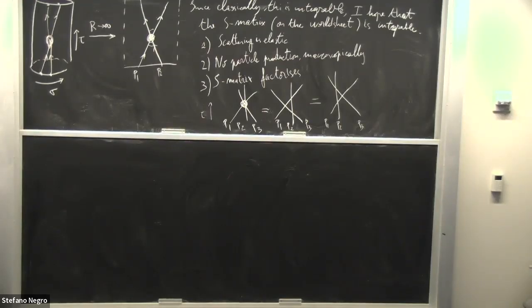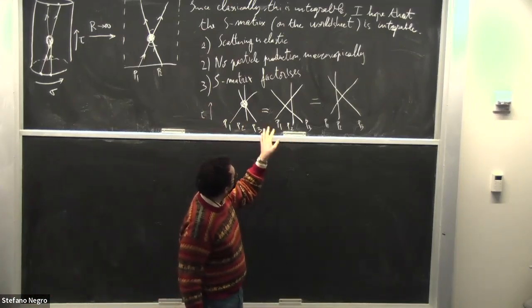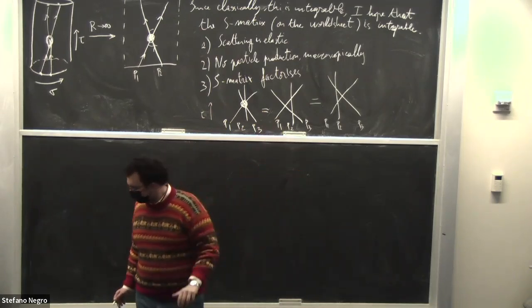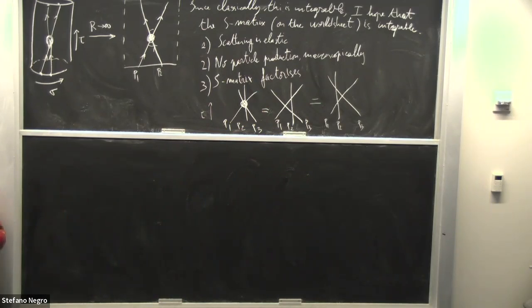But the idea now is that I want to study the S matrix, which will be the central object. For instance, you could try to study the Hamiltonian, you could try to study other objects, but I really want to focus on the S matrix because it has this nice factorization property, and if I can fix the two-body S matrix, I have everything. And to study the S matrix it is very good to go to a gauge where you remove all the spurious degrees of freedom, so you're only scattering stuff that is physical.